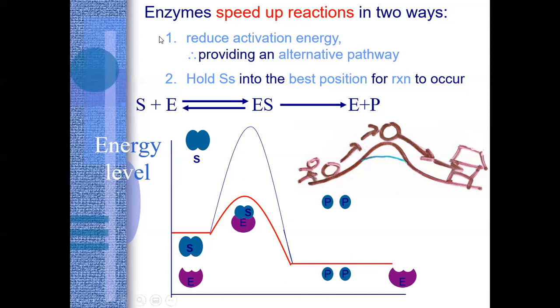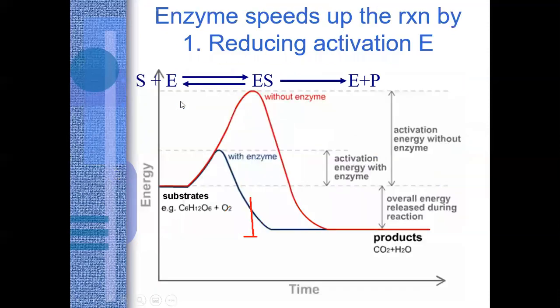That's why the red line is when the enzyme is there. So it will reduce the activation energy that's needed for the reaction to take place, and therefore it will take place faster. Okay. So the next diagram is what you need to draw into your notes. Please draw this into your notes as a practice.